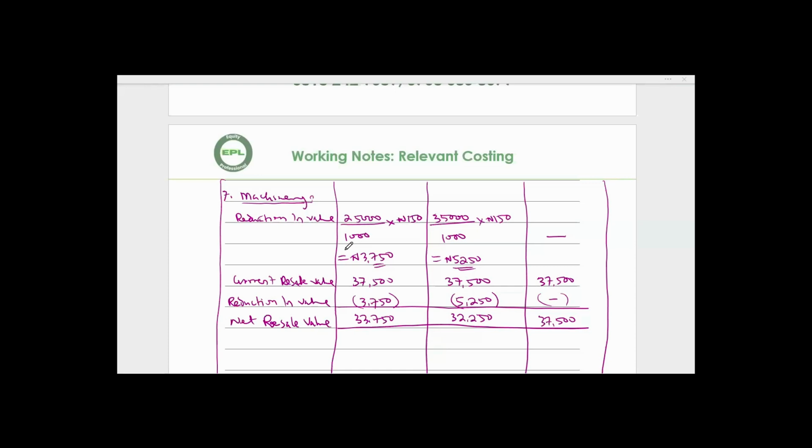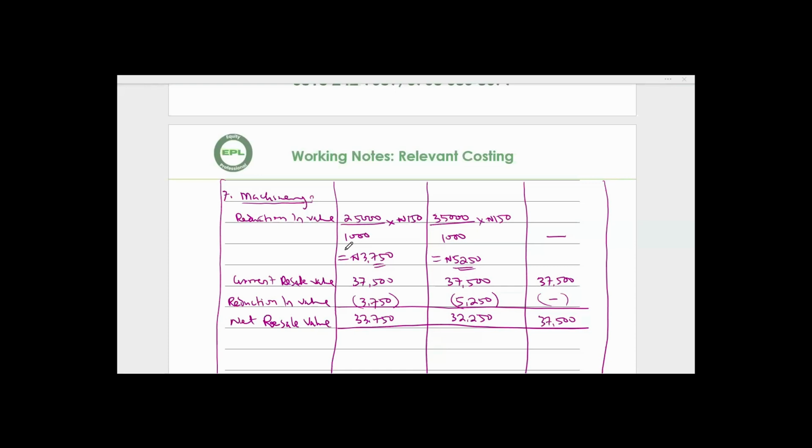When you look at the last statement in this paragraph, you are told that all other costs included in the fixed production overhead are general factory overhead, which simply means that out of the 75,000 naira, if you take out 30,000 naira as factory manager salary, then the remaining 45,000 naira is general factory overhead.